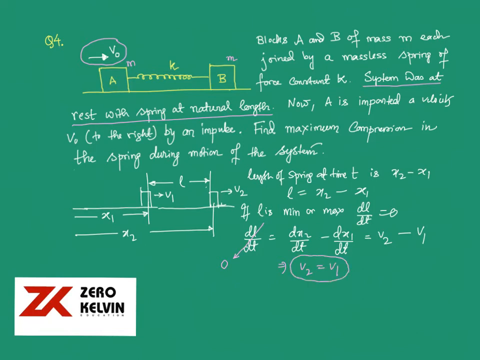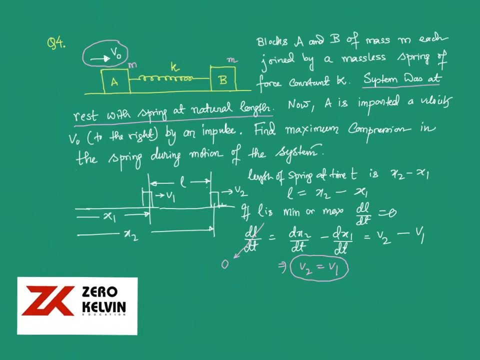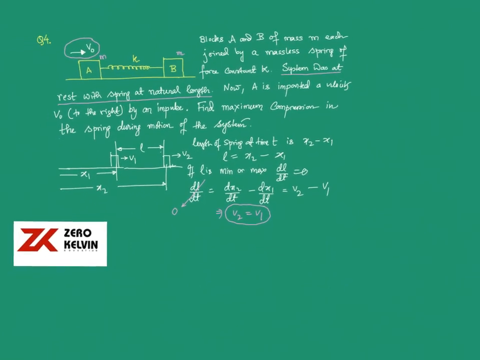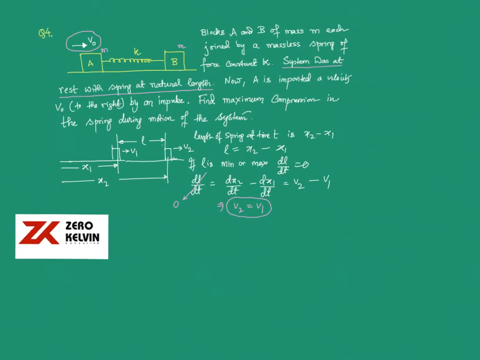So while the spring length is minimum or maximum, the velocities are equal. So we can proceed to solve the problem in such a way.